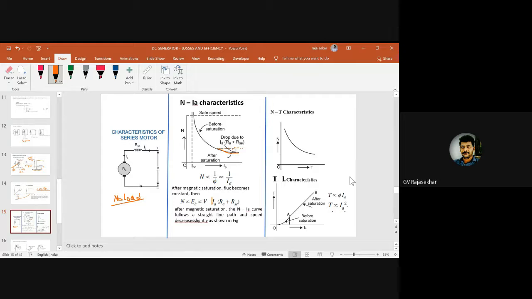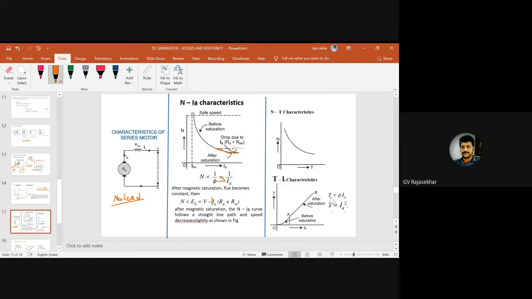Now, the torque and IA characteristics. Torque is proportional to phi into IA, but phi is proportional to IA, so instead of phi, I can write IA. So torque is proportional to IA square.